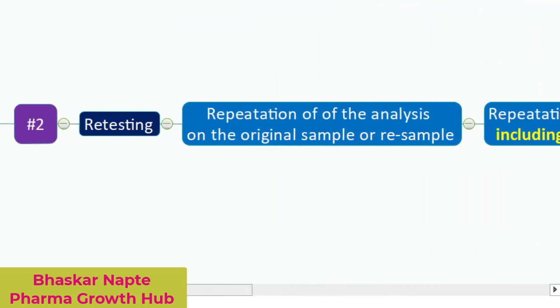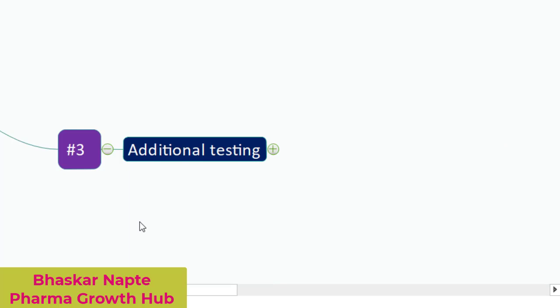Let us now understand the third term, that is called additional testing. See, what is the purpose of the investigation? It is to identify the root cause behind the reported value. Whether the reported value is because of a lab error or because of a manufacturing error.